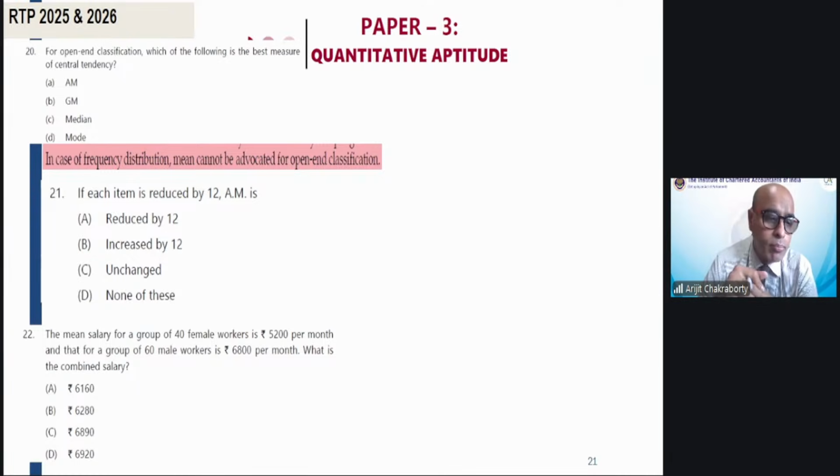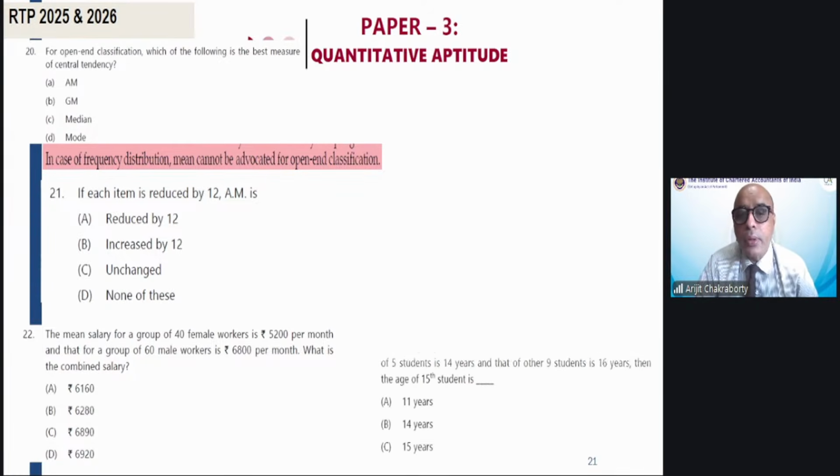We need to find the combined mean salary. So just by applying the formula (N1x1 plus N2x2) divided by N1 plus N2, you get the combined mean.